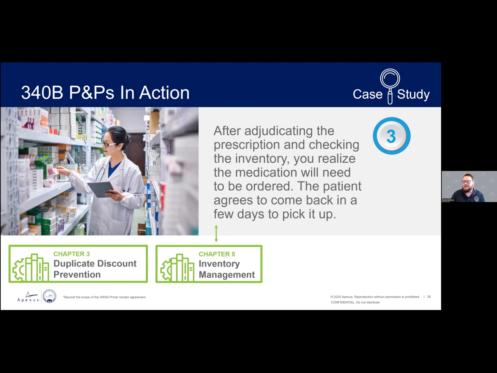Additionally, any ordering issues or mishaps are also usually addressed in this chapter, which would be helpful to know if you were to accidentally place an order on the 340B account that isn't supposed to be there, or if other issues with products arise, like how to return certain products or borrow/loan type considerations. They would all be listed in that section of the policies and procedures.